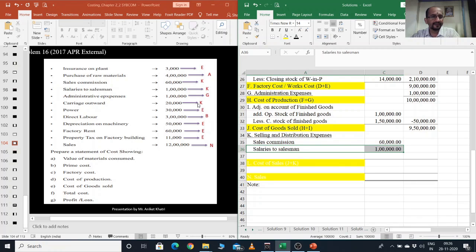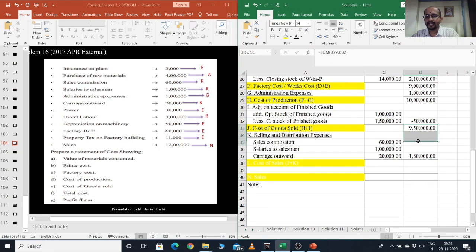Then the last item is carriage outward 20,000. Now do the total of this, it is 1,80,000. Add this 1,80,000 to the 9,50,000. This is 11,30,000, and this is your cost of sales.